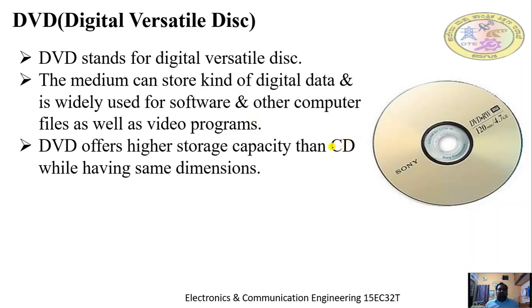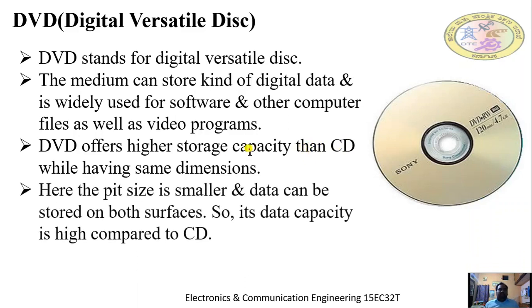That's why the capacity will be more than the other variations that we have discussed so far. It offers a greater capacity, the density will be more, and here the size of the bits will be smaller so that it can accommodate more bits in the same dimension as we saw in the CD versions.